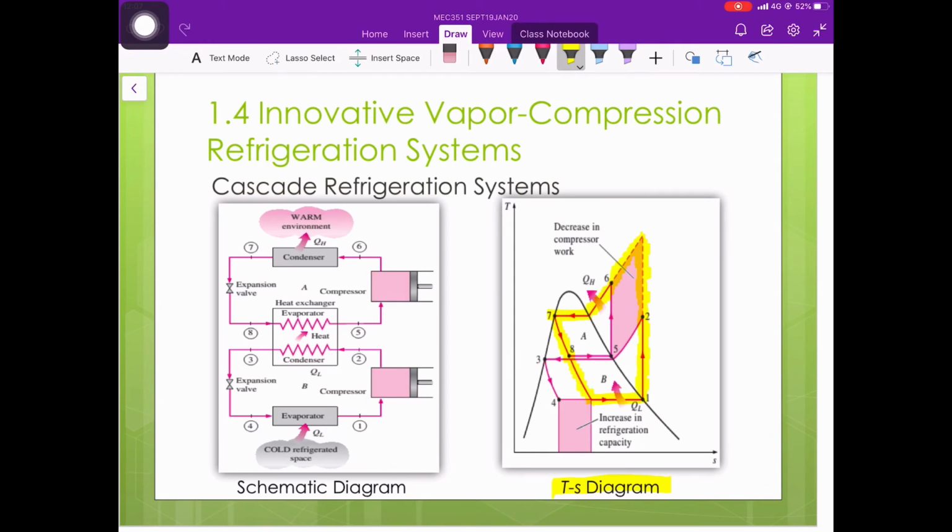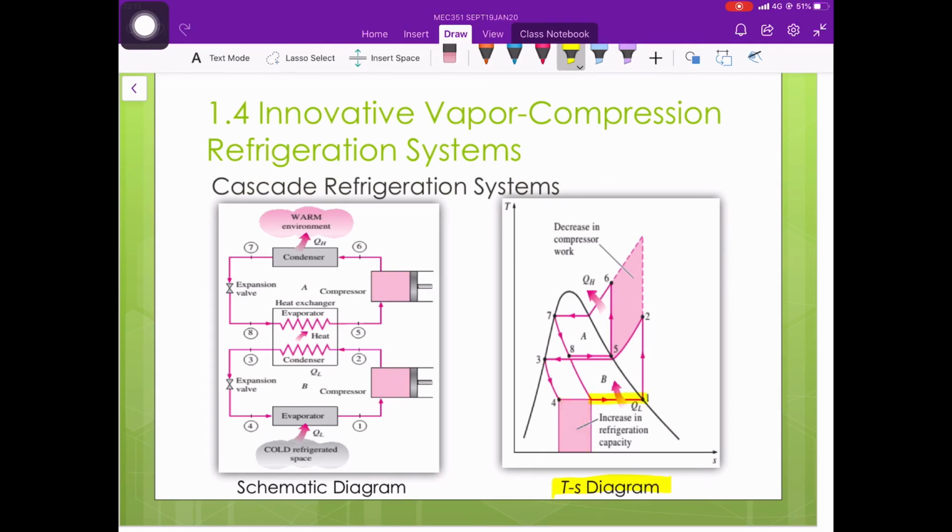As we can see, this area under the graph is the decrement towards the work consumed by the compressor. And this area under the graph shows an increment to the refrigeration capacity that will be used to absorb the heat from our conditioned space.